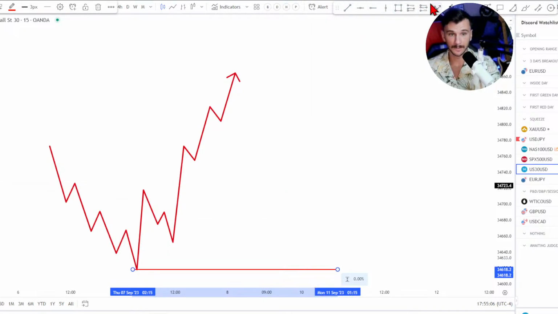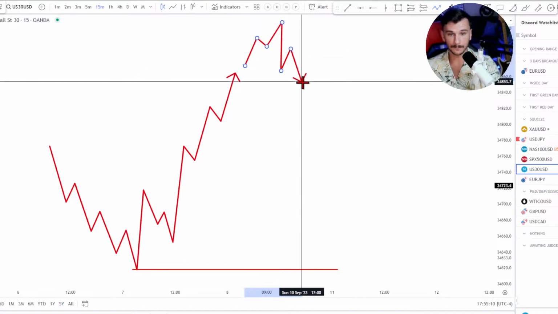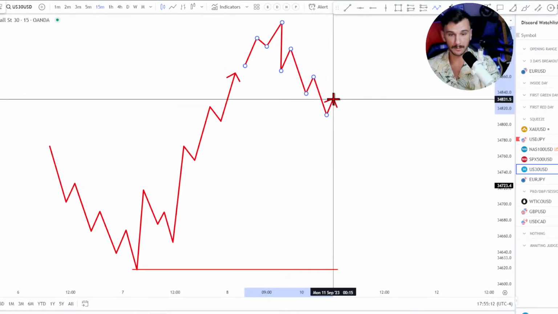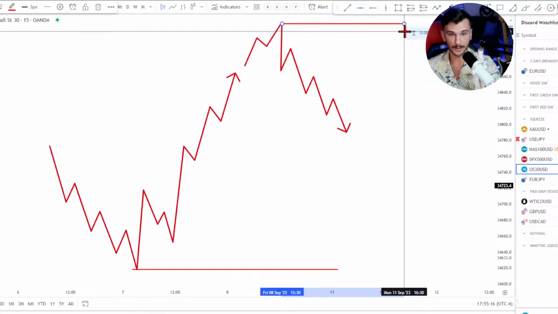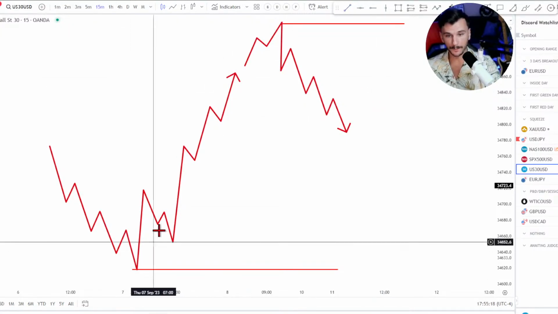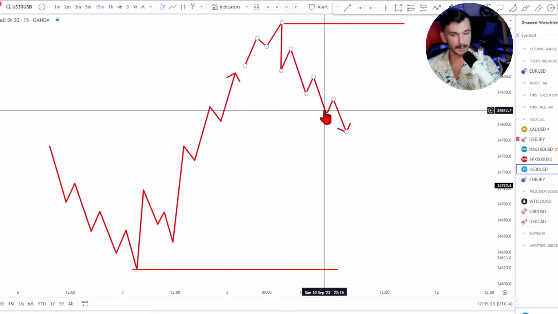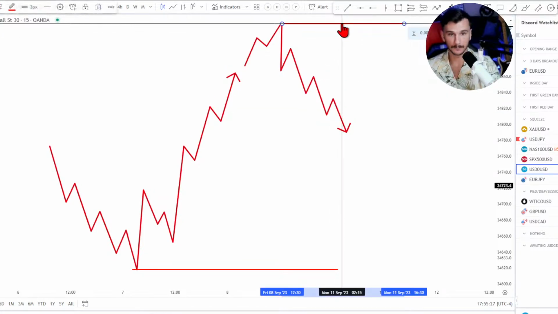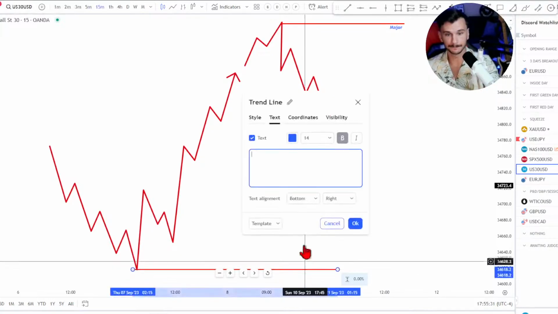Then it's going up, and it breaks down, and it breaks down a little bit more, and a little bit more. Major swing high. Once we go from one direction, break structure of a minor swing, and start going in a different direction, major, major.